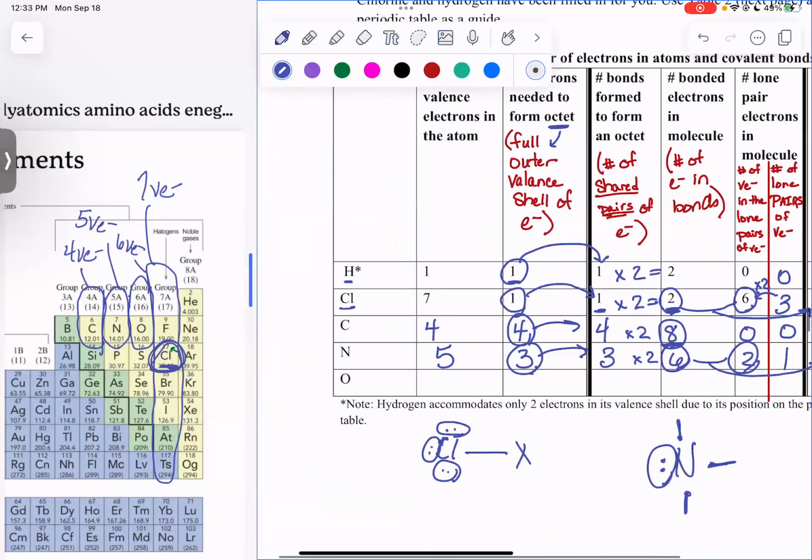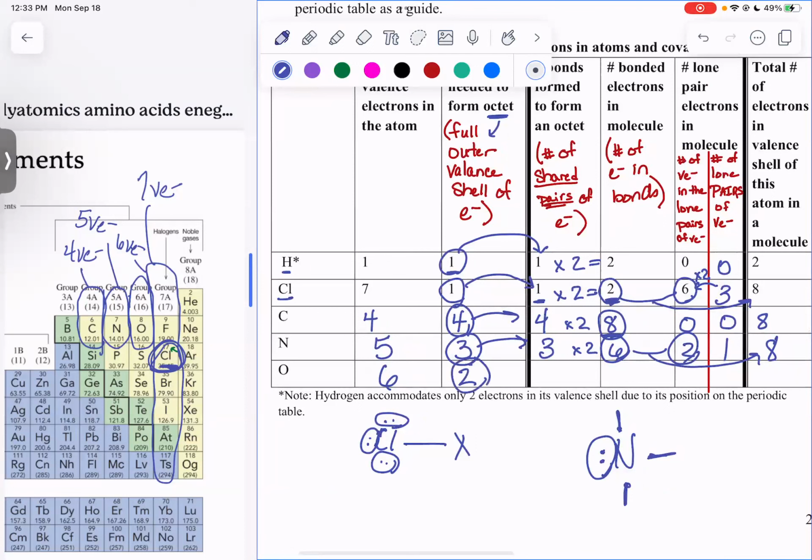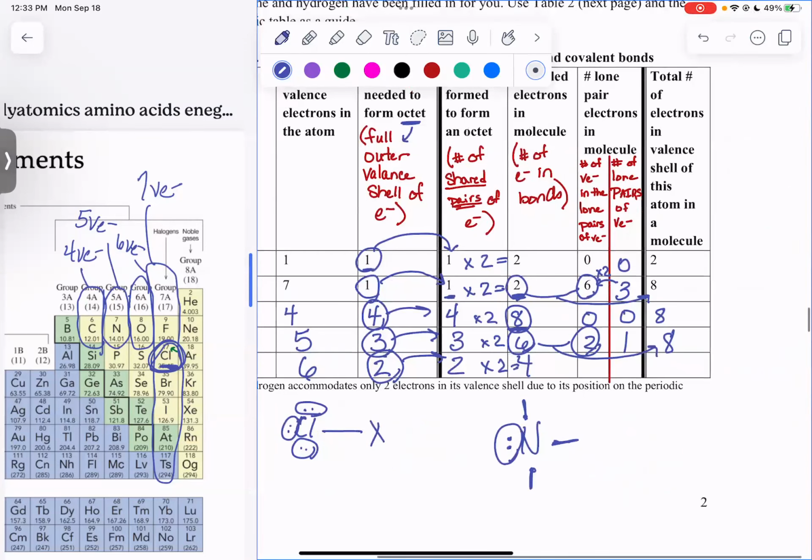Okay. Oxygen. Oxygen is in group 6A, so it has 6 valence electrons, and needs 2 more electrons in order to have that complete octet. 2 more tells me I'm going to make 2 bonds times 2. That gives me 4 bonded electrons in my molecule. Then how many lone pairs do I have? So if I'm oxygen, I had 1, 2, 3, 4, 5, 6.